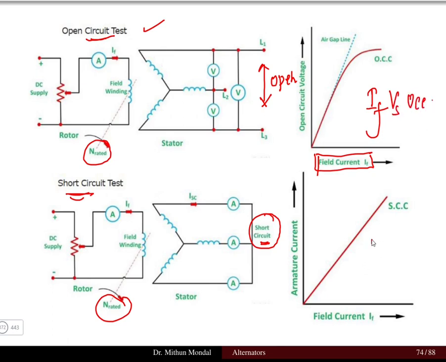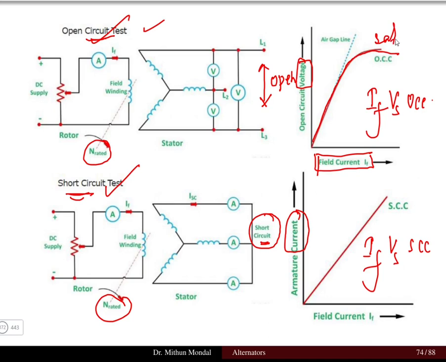Similarly, we have to measure the field current versus the short circuit current. Here we measure the voltage for the open circuit test, and for the short circuit test we measure the armature current. If we see the graph of the open circuit characteristic, it goes in a straight line and then slowly saturates.